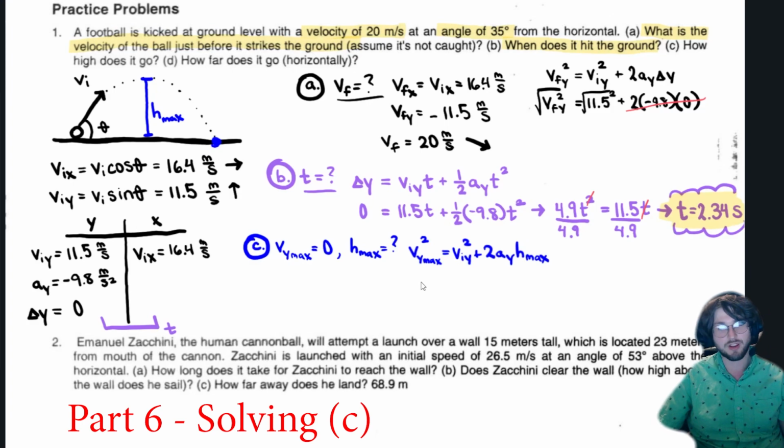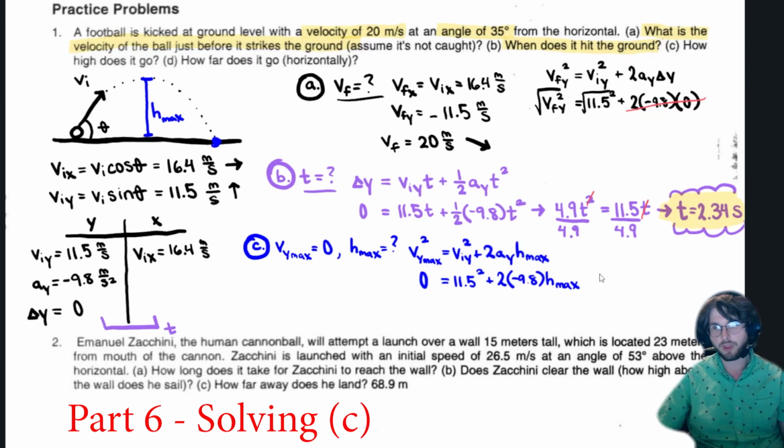Okay. We're really getting crazy with the subscripts here. So Vy max is going to be 0. Then Viy is going to be 11.5 squared plus 2 times negative 9.8 times h max, which is what we are solving for.